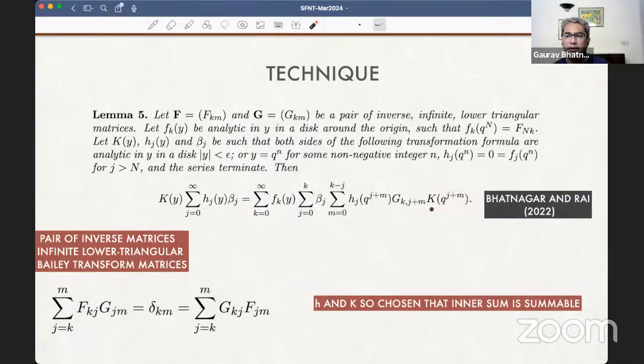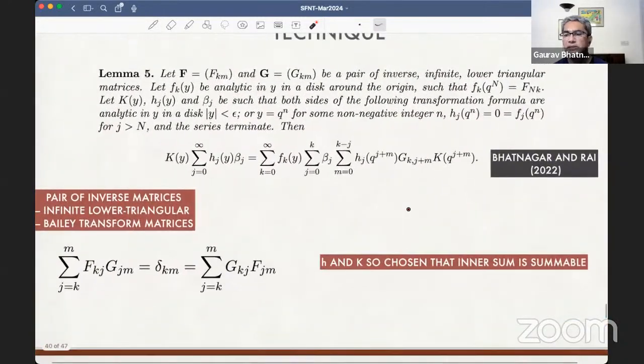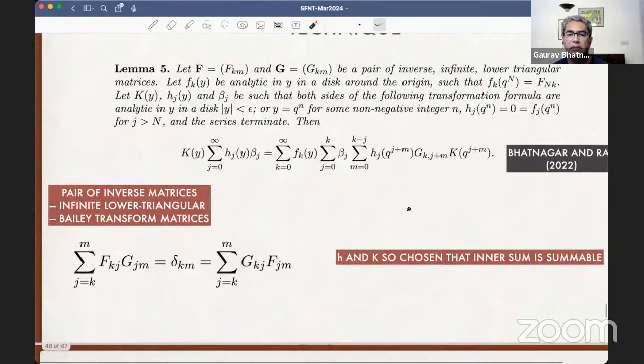What we did was that this G and this F are pretty much determined by this Bailey matrix. The K and the H and the beta can be chosen, and beta can be left general. And H and K pretty much need to be chosen so that the inner sum gets summed by the 3phi2. That's what gave us the Wang and Ma result.